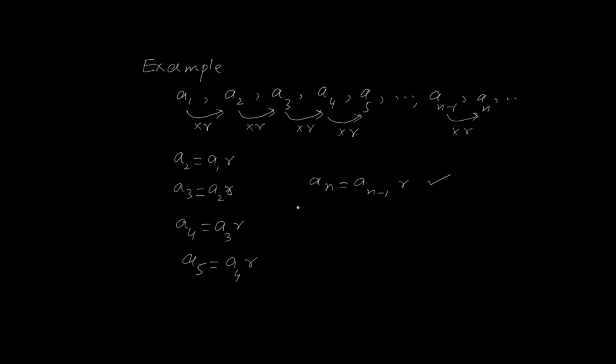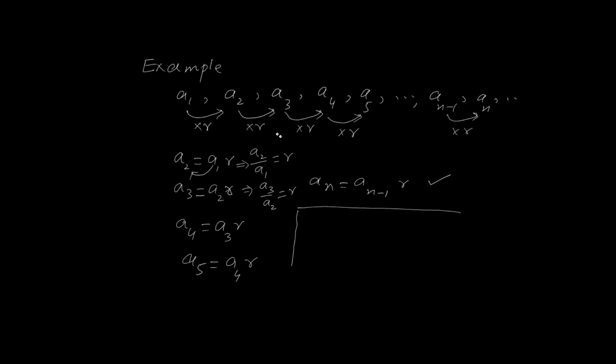We can also view this geometric sequence from another aspect. If we divide a2 with a1, what will be the value? Taking this on the left side, we are getting a2 divided by a1 is equal to r, and similarly over here a3 divided by a2 is equal to r.